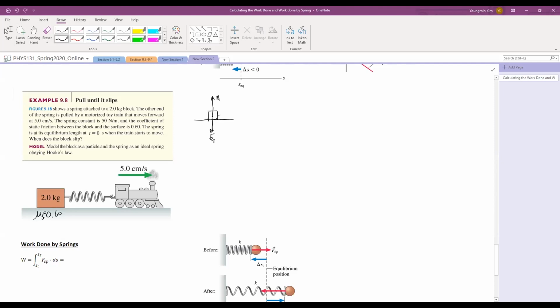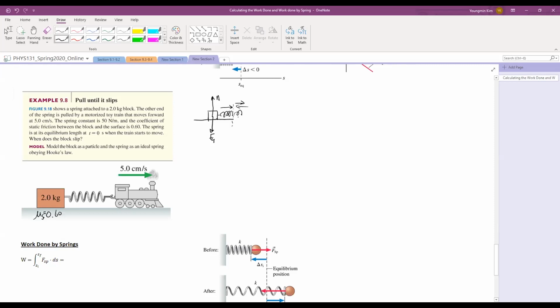It had equilibrium length, and it's going to be pushed or stretched out this way. From this point, the spring of course wants to restore back in that direction. Considering from the box's perspective, that restoring force also means it's providing an equal and opposite force pulling the box that way.